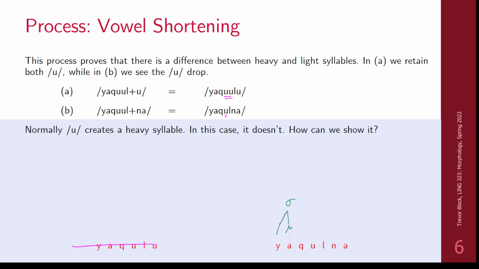It's getting ya. For the next one, na. Remember the original form had two U's in it. So in the original form, there was another U there. So what's actually happening here is that we get a heavy middle syllable because it had two U's in the original form. Now we have LNA.